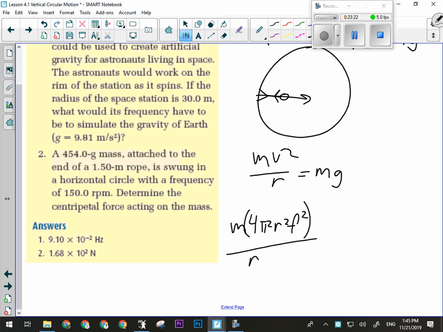Everybody all right with that? Now can I solve for the frequency? I don't really have brackets here. I was just illustrating that that's v squared. Yes, that r on the bottom is going to cancel out in just a minute.